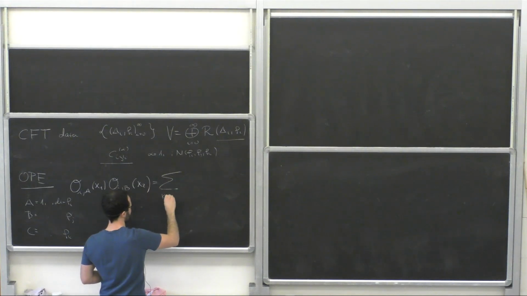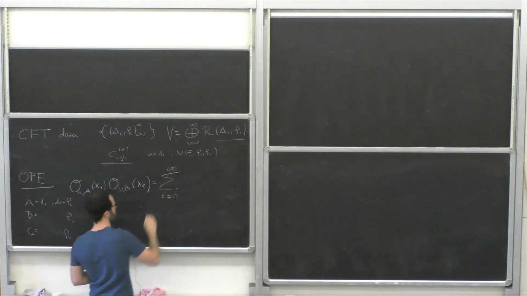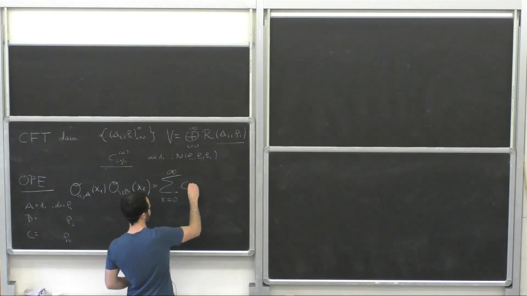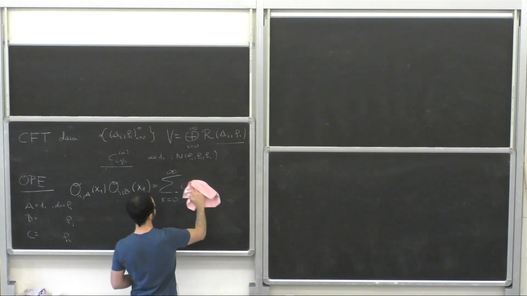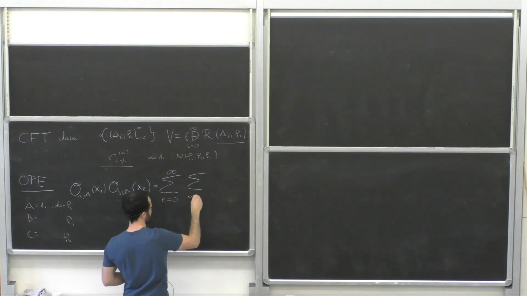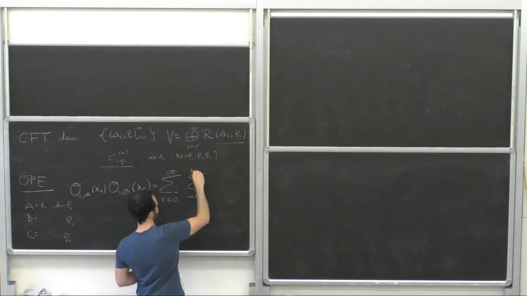Firstly, we are summing over all of the representations. Then there is some coefficient. Sorry, I need to sum also over the structures, so we sum over this alpha, which runs over some finite number of these structures.